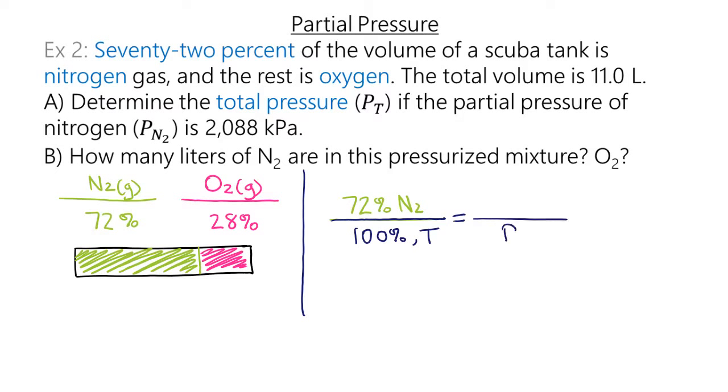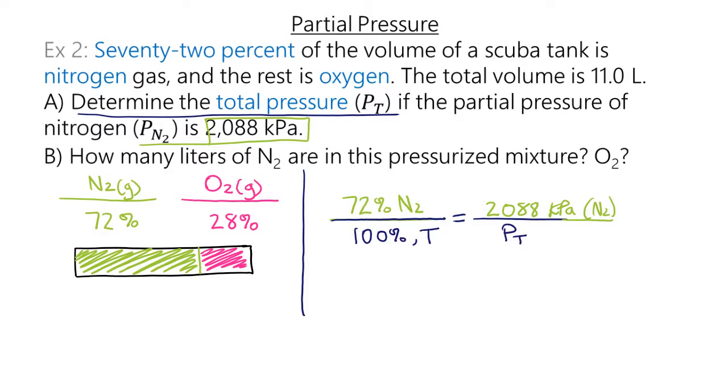That is actually what we are finding in this case. It says determine the total pressure, but we do know the partial pressure of nitrogen, and that would be 2088 kilopascals. That is the P subscript N2, the partial pressure of nitrogen.